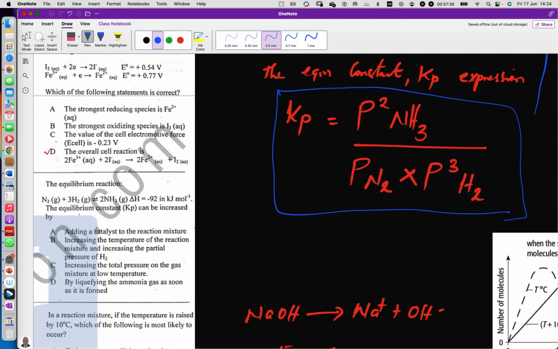So if equilibrium shifts to the right, increasing the concentration of ammonia, Kp is going to rise. And the equilibrium can only shift to the right if we increase the total pressure at a low temperature. So our answer for this is C.